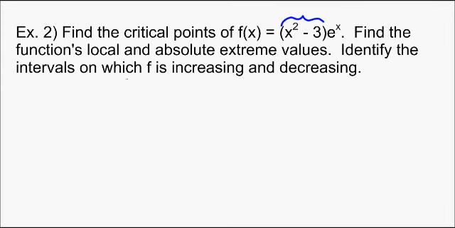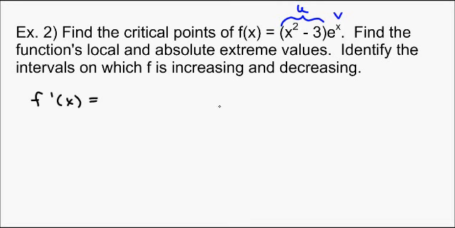And I don't have any division by variables, so basically the only place where I'm going to have critical points is where the derivative, f prime, equals 0. So let's find f prime. And I do have to use the product rule here. This part is u times v.